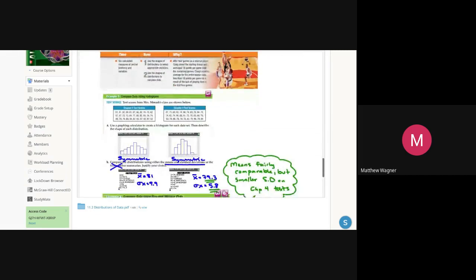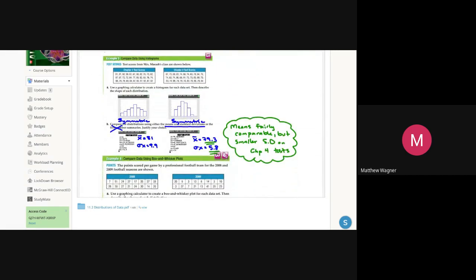All right. As we continue on, just comparing the two. Example 3, I didn't include the screenshots, but we set up the information. Here's our data. They're both relatively symmetric, so we can use the mean and standard deviation when we're comparing these two. It's important to notice that the means, X bar, are relatively close to each other.